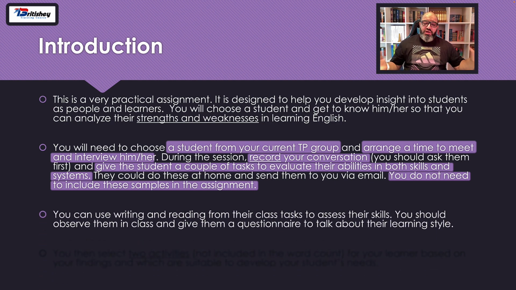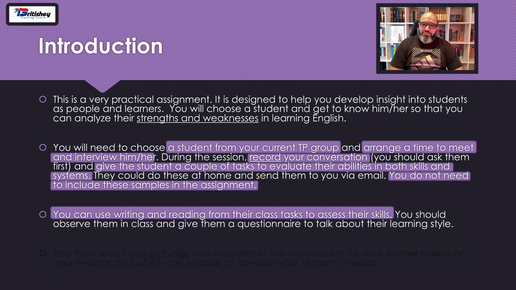You can use writing and reading from the class tasks to assess their skills. That's a very important part. So along with the written record and the audio record, you can also sit and observe this student in a real class. What do I mean by this? This student will be taught by your friends on the course or by your tutor.